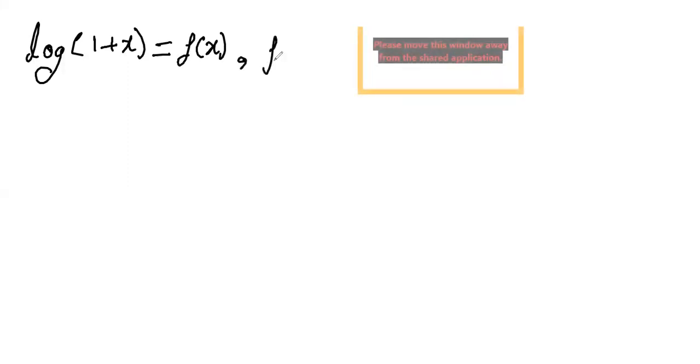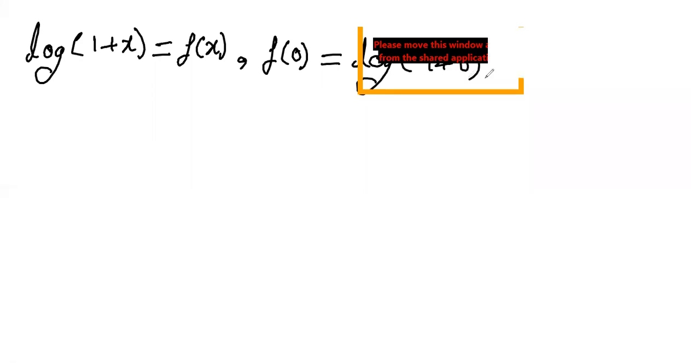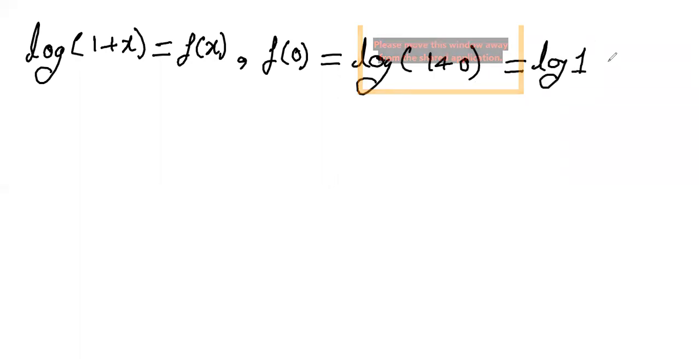So f of 0 is log 1 plus 0, which means log 1, which is 0. Okay. Next is f dash x.